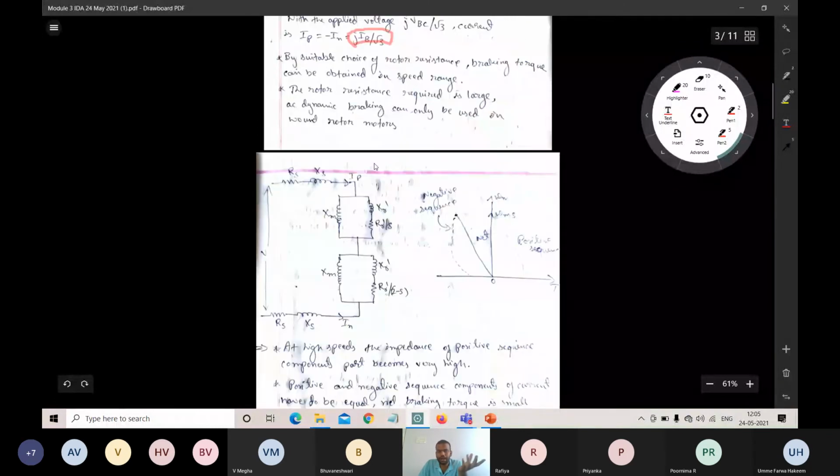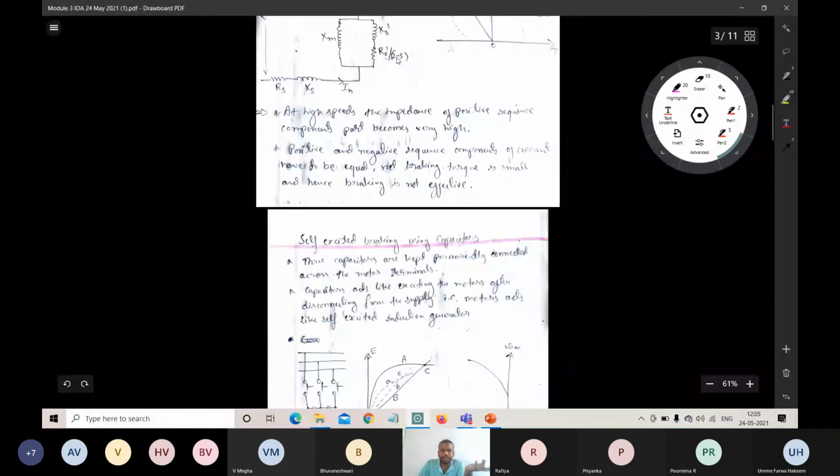If you supply that amount of voltage and current, we can generate torque enough to brake our motor, the motor which has the highest amount of rotor resistance. So this is about AC dynamic braking.